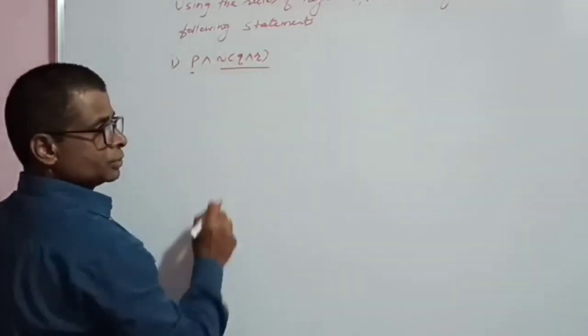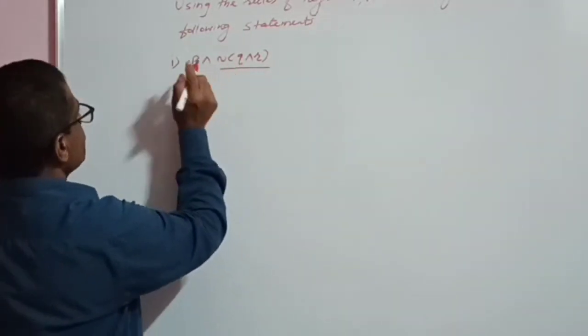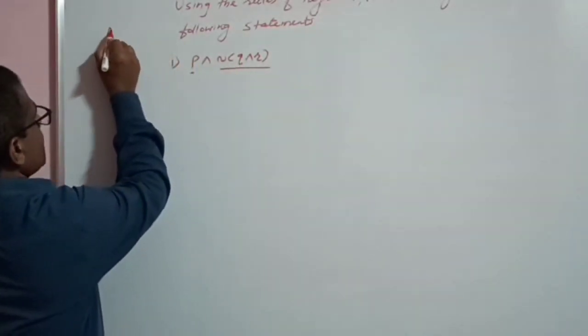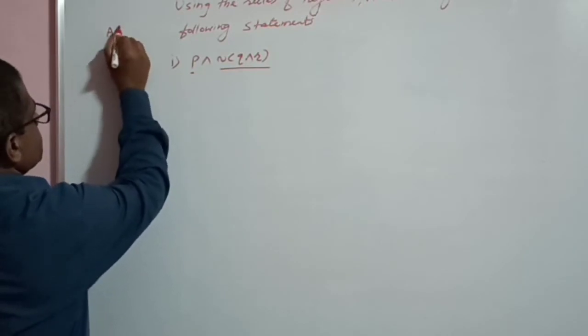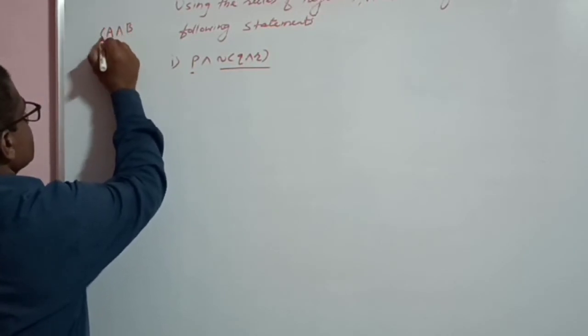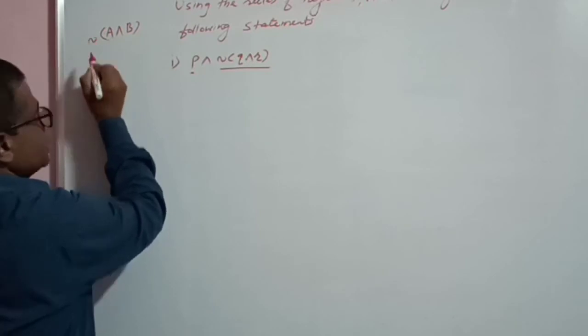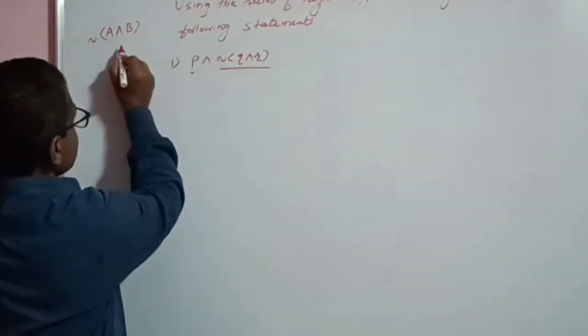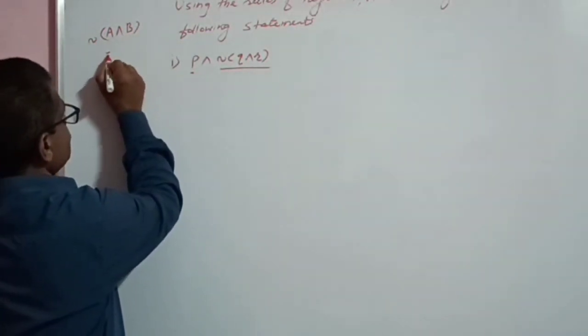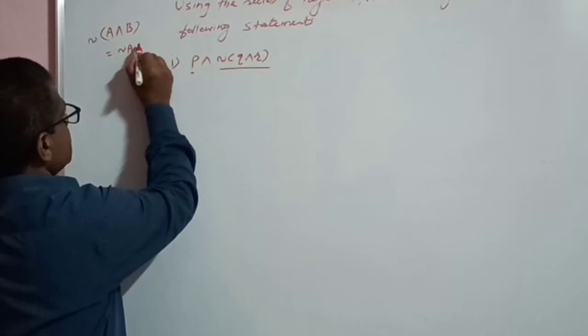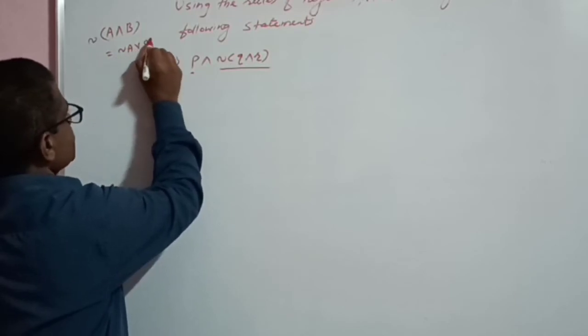Conjunction of two statements. This is in the form of A conjunction B. Then what is this rule? Negation of A conjunction B is what? Negation of A, disjunction negation of B.